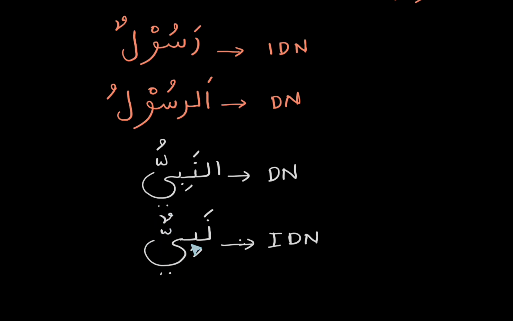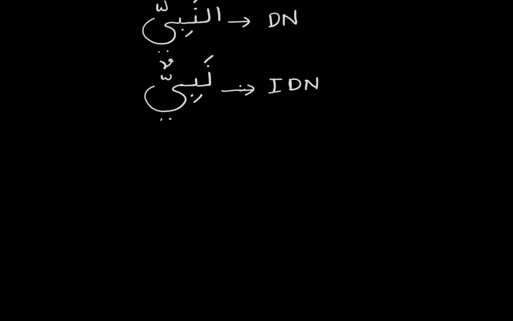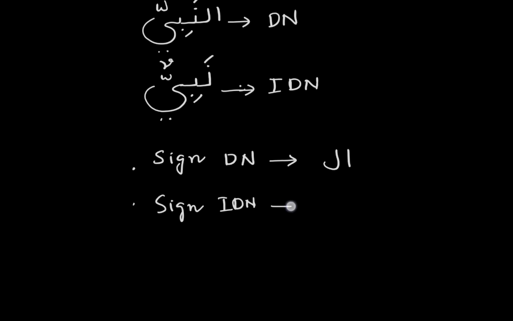The sign of a definite noun is alif lam at the beginning, and the sign of an indefinite noun is tanween at the end of the word, that is two dhamma, dhammatain, or two fatha, fathatain, or two kasra, kasratain at the end of a noun.